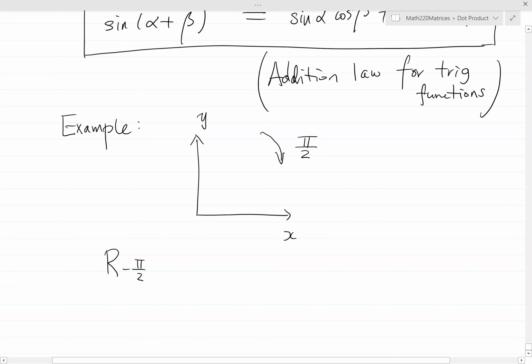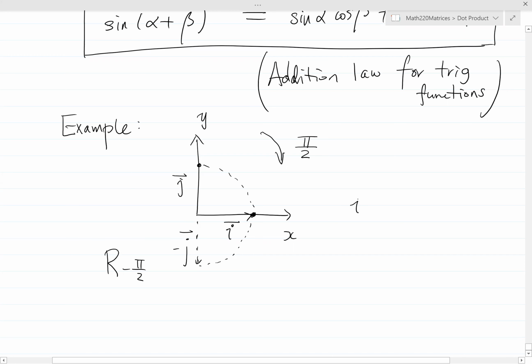Now let's see where the image of i and the image of j are. This is i and this is j. If we rotate by negative pi over 2, the vector i becomes the negative direction of j, negative j.